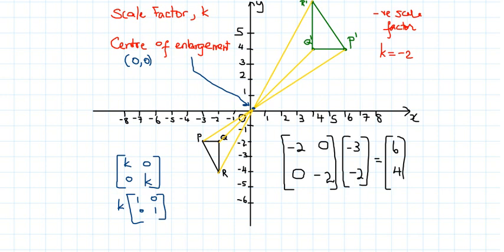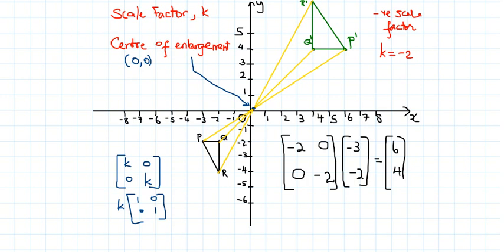K is a scalar, obviously. It's just a magnitude that we've used to enlarge the shape by, and once you do a scalar multiplication, you'll be able to obtain your enlargement matrix for absolutely any problem of this nature.